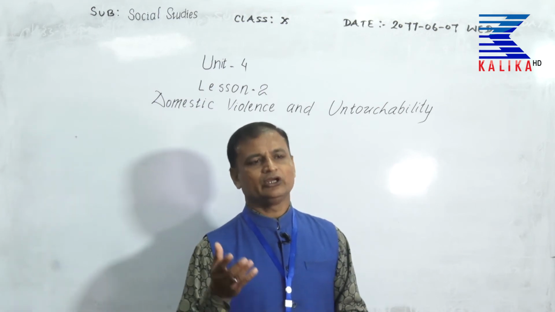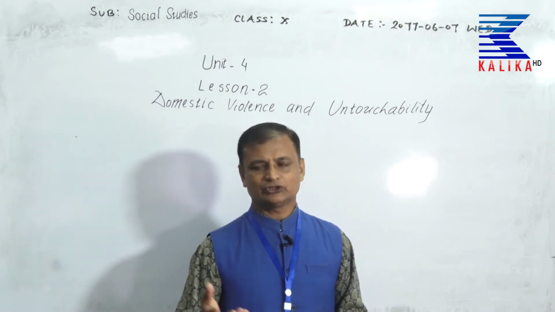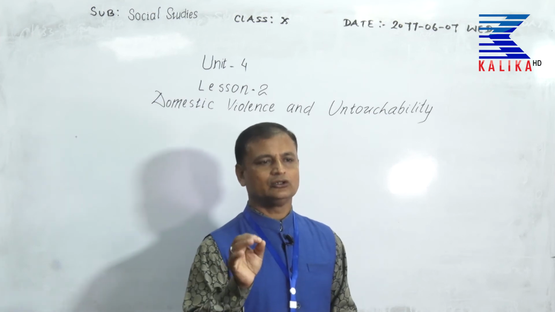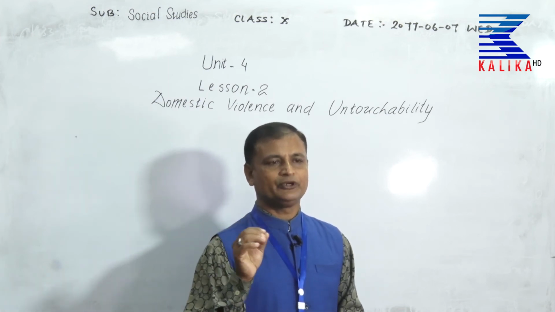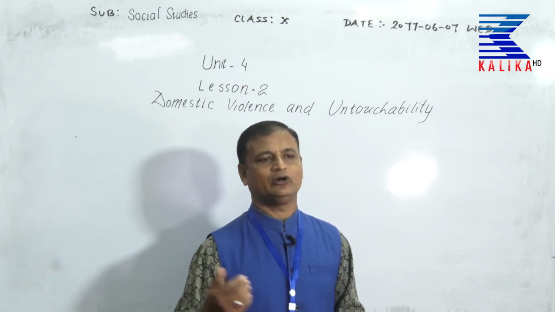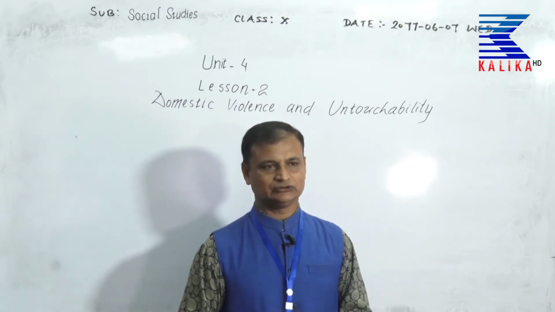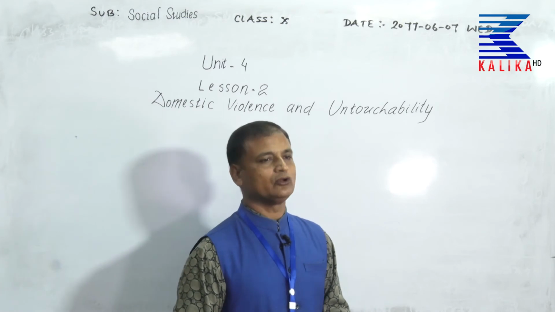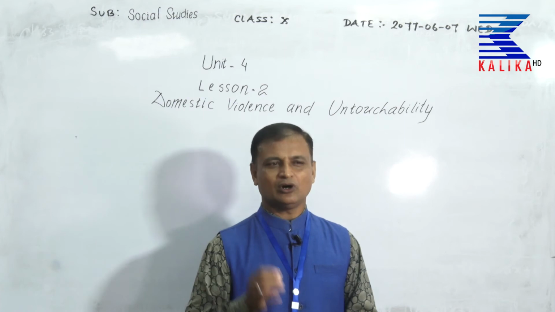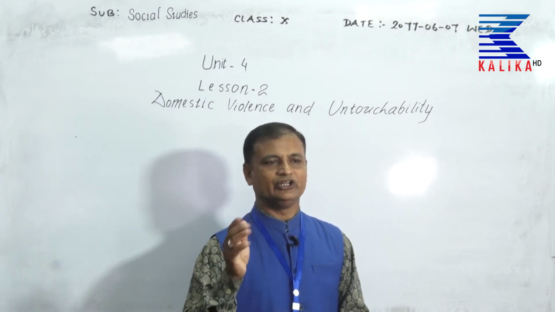For example, if some families are rich, but certain family members are not getting the proper privilege or benefit which they are supposed to get as members of that particular family, then we can call it economic violence, being deprived of economic benefits. And religious violence is to hurt somebody in the family on the basis of religion.